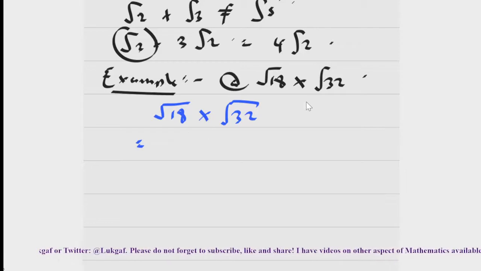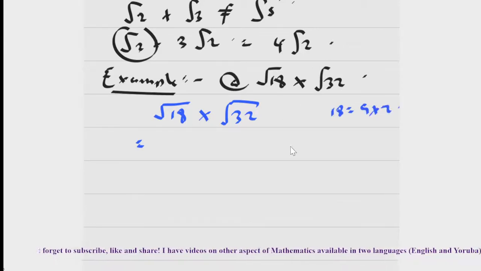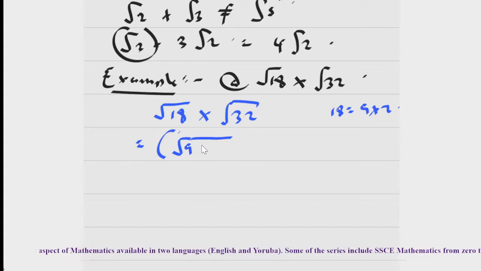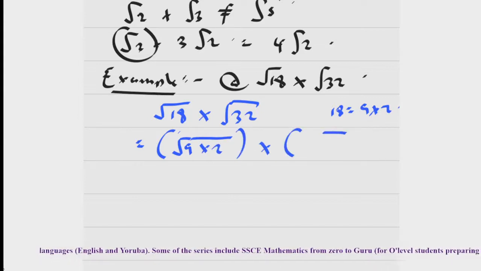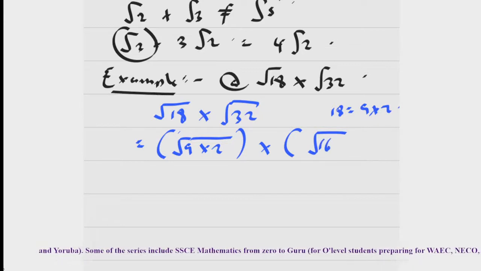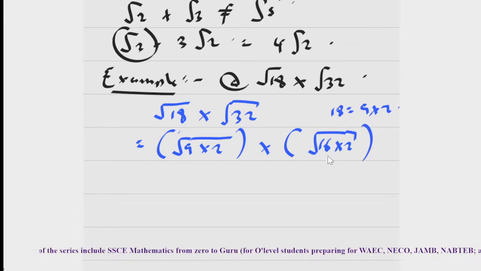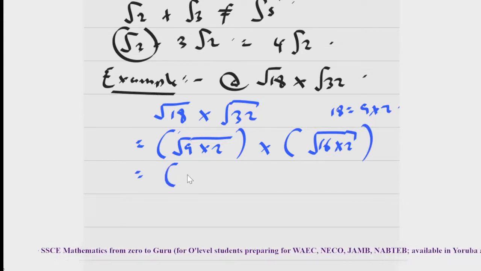If you do this, 18 will give me 9 times 2. Indeed, 9 is a perfect square. So I'm going to have root 9 times 2 multiplied by root 16 times 2. Then you can break it up.